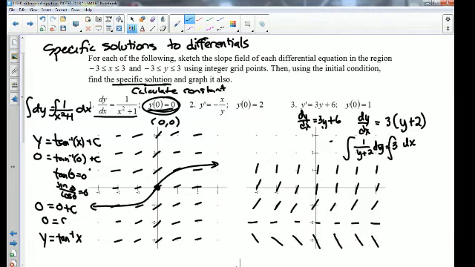What do we get? Left side: ln absolute value of y plus 2. Correct? Are you okay with that?